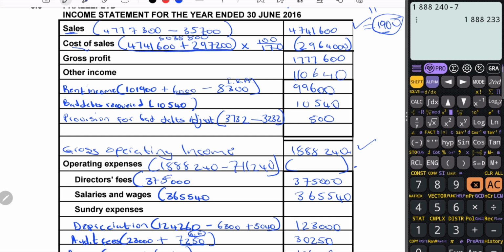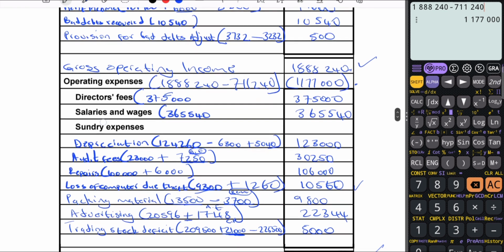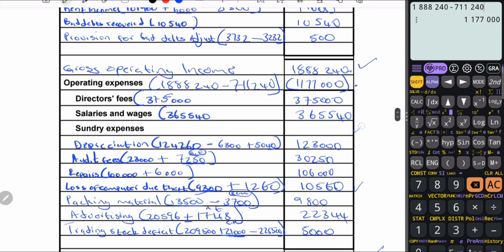Sorry, 711,240. Yes, I'm gonna get 1,177,000, which is my other operating expenses now. Then I'm only left with sundry now. Sundry expense.